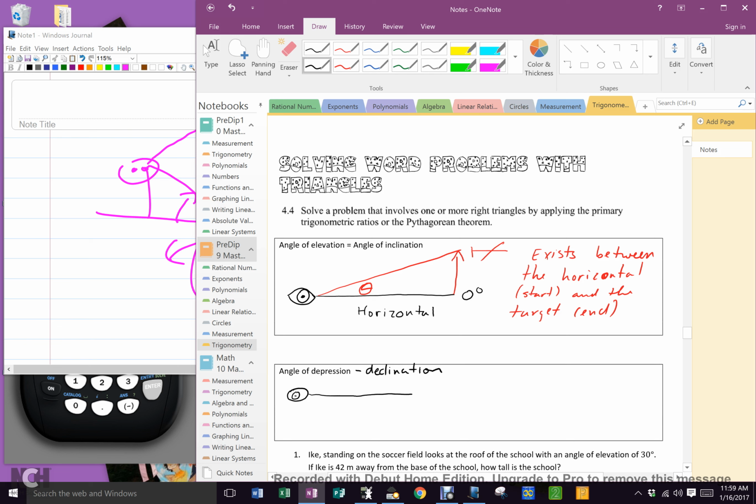There is the horizontal. Now my eye is in the plane, and I am looking down at Mr. Myers down on the ground. So my eyes are up here and I look down. Where is theta? In the middle.